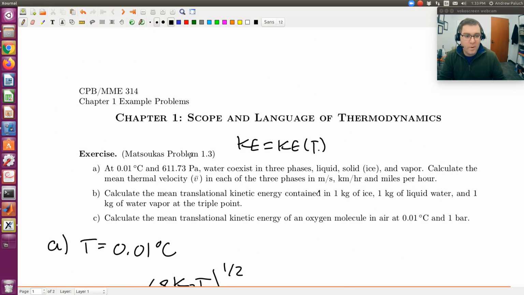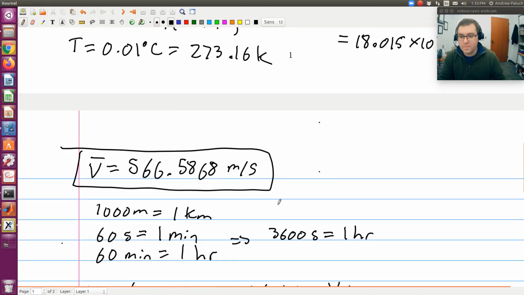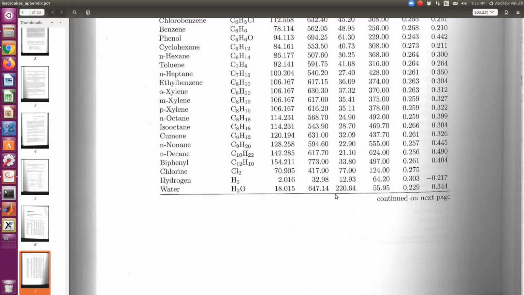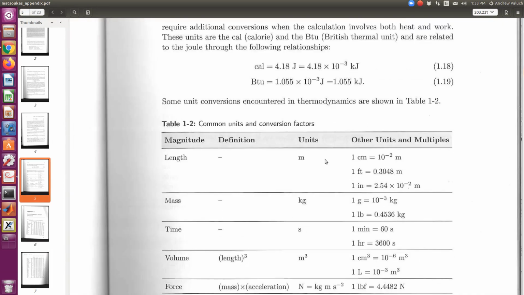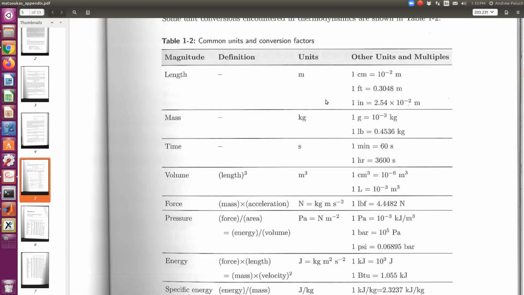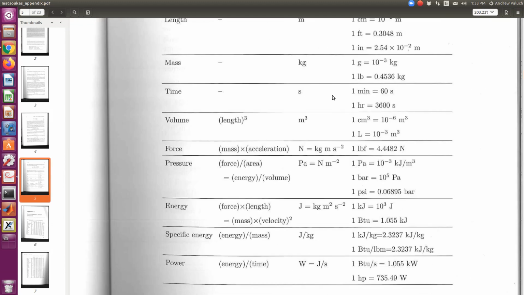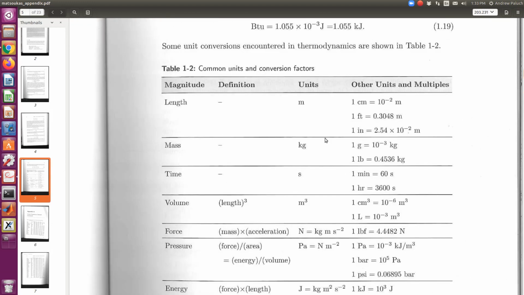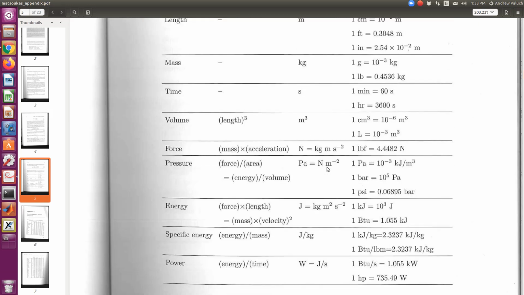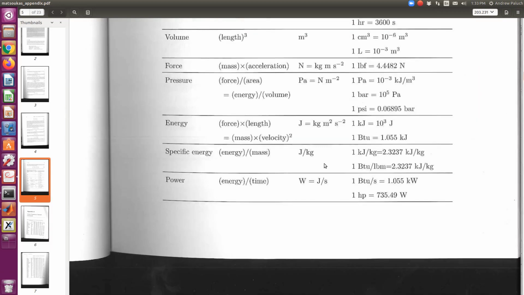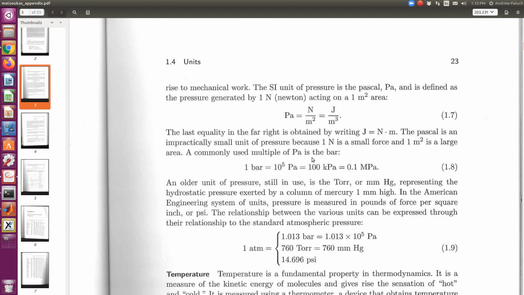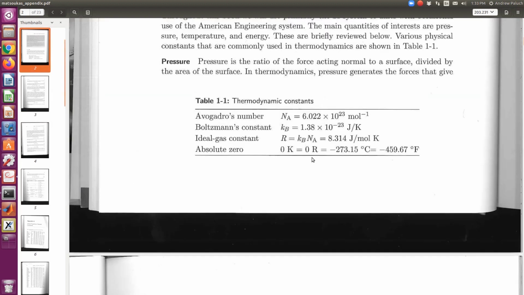And then the last part, we're asked for miles per hour. So to get miles per hour, we'll need one more conversion factor. So I go back to our scanned appendix. And let's see, the length. So if they don't have miles, then I'll have to Google it, as I don't know what that conversion factor is off the top of my head.